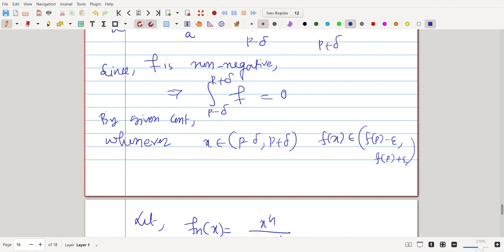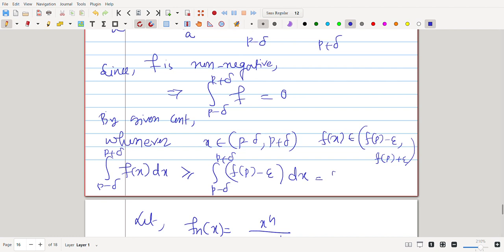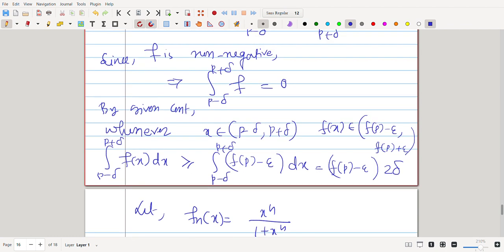And by definition of integrability, the integral from p minus delta to p plus delta of f(x) dx is greater than or equal to the integral of f(p) minus epsilon times dx, which is the same as (f(p) minus epsilon) times 2 delta. So this is the quantity. So the integral from p minus delta to p plus delta of f(x) dx is greater than or equal to (f(p) minus epsilon) times 2 delta, right?